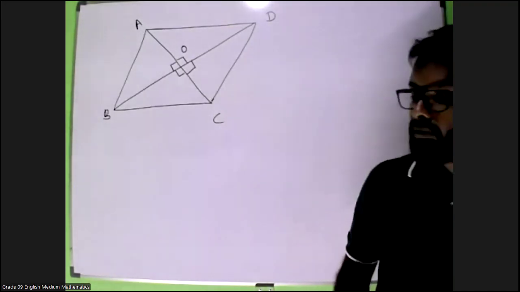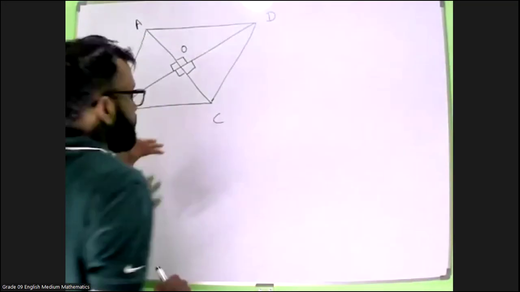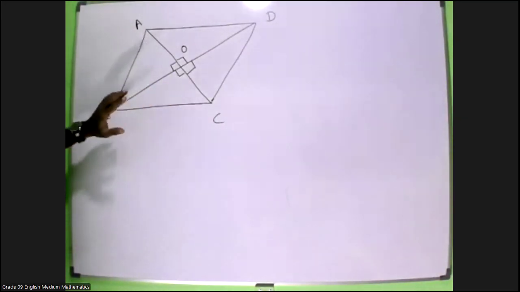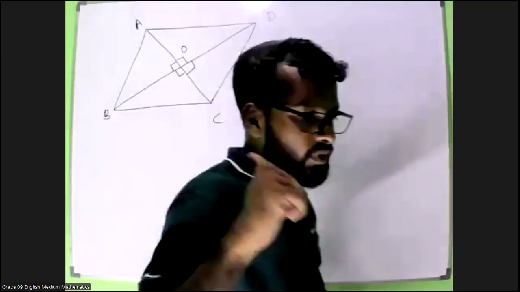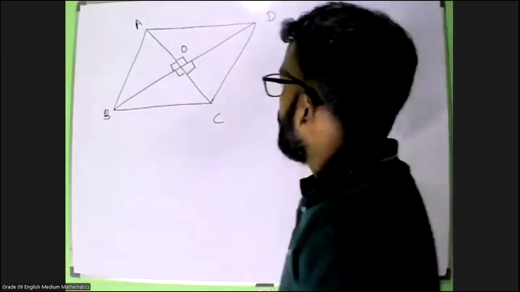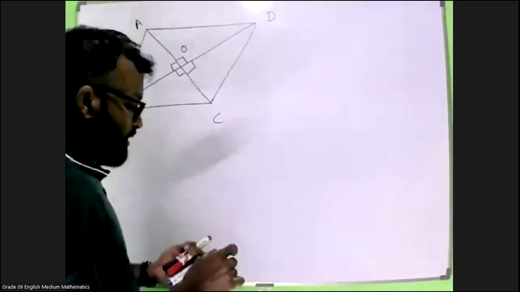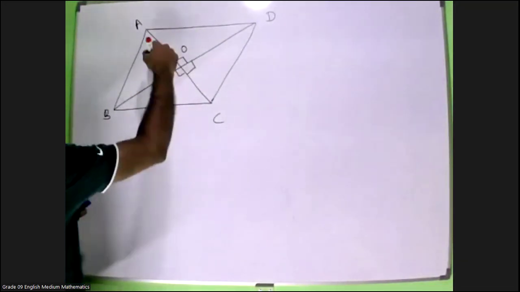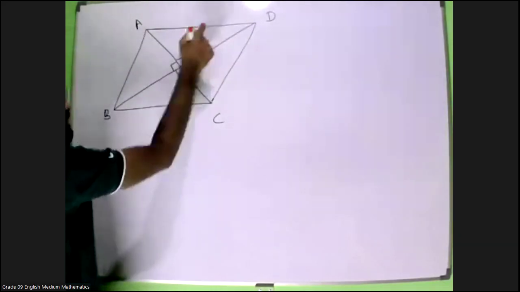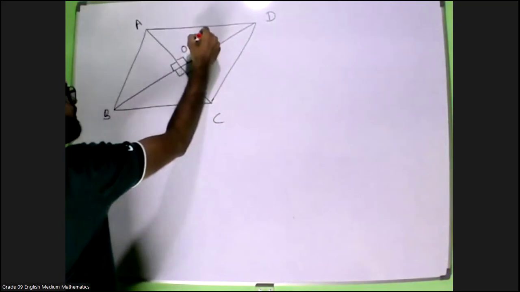It is something like this. In your question, you can identify four right angle triangles. AOD is the first right angle triangle.